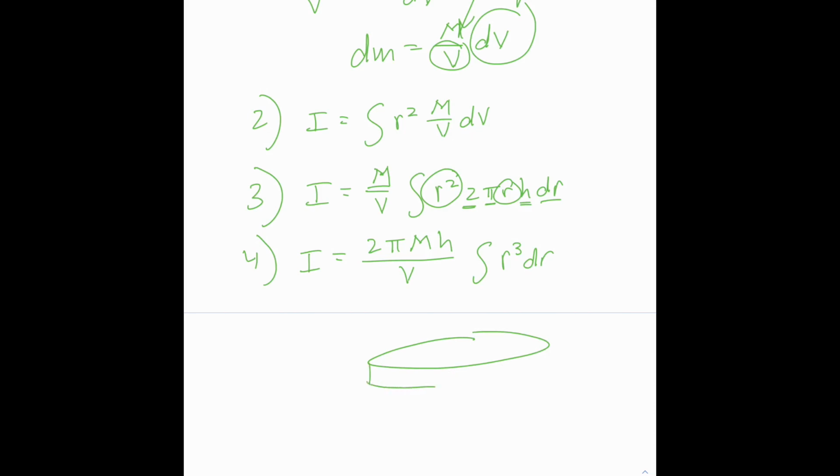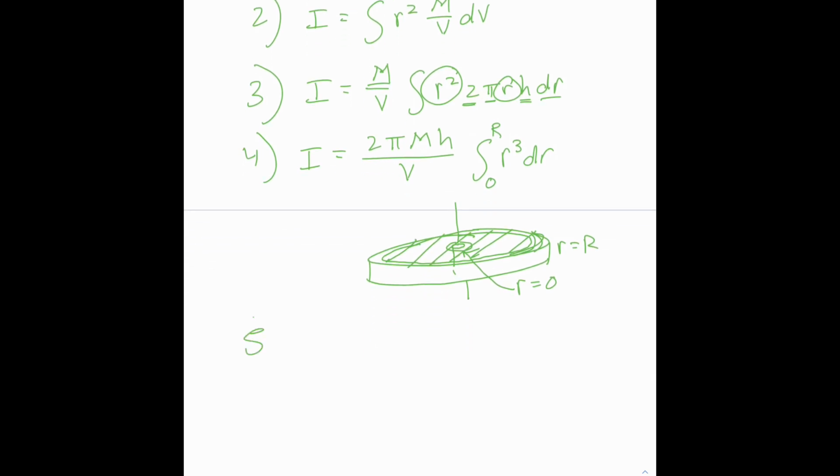If I try to construct a solid disk out of several rings, then the smallest ring of all has a radius of practically 0, and then the outermost ring that builds up this entire shape, we're going from r equals 0 for the innermost ring to r equals capital R for the outermost ring. So we're integrating from 0 to capital R.